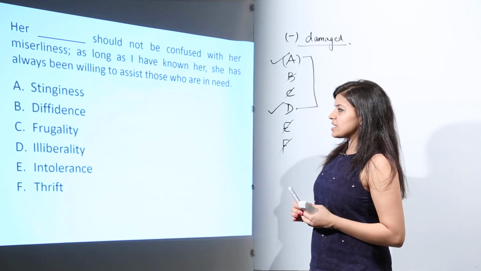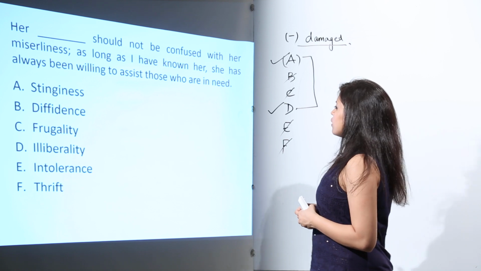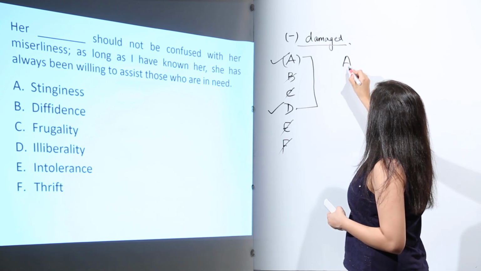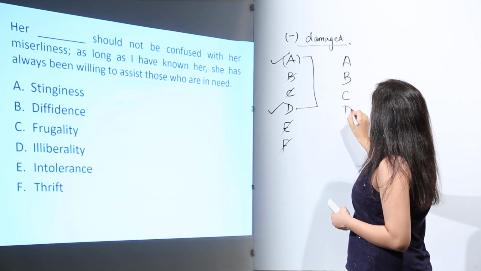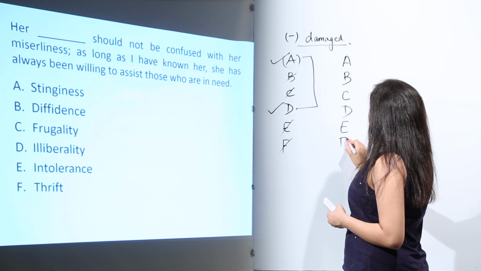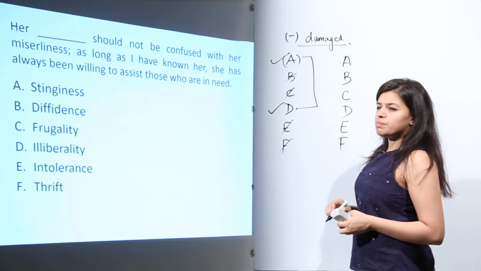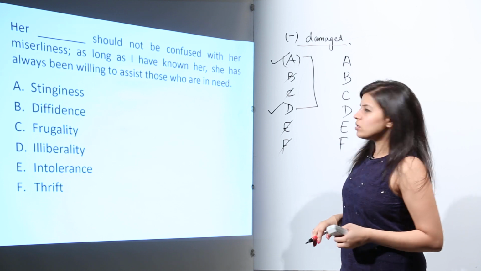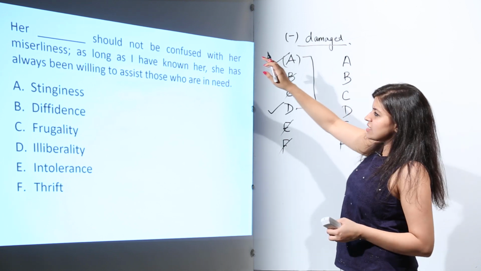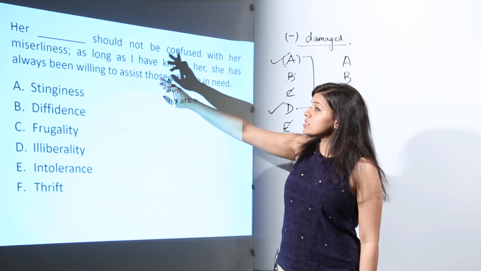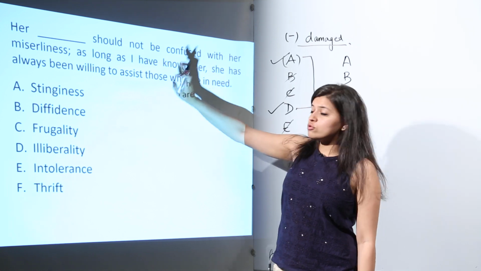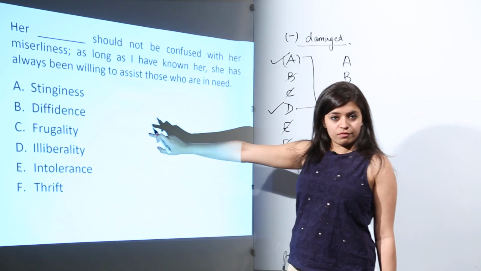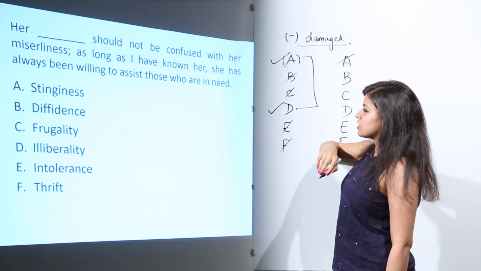Let's come to the options. Stinginess. What is the meaning of stinginess? Stinginess means someone who does not spend money at all. So, that means it is a synonym for miserliness, and the blank should not be confused with miserliness. That means we cannot have the word stinginess. Let's cross out stinginess.